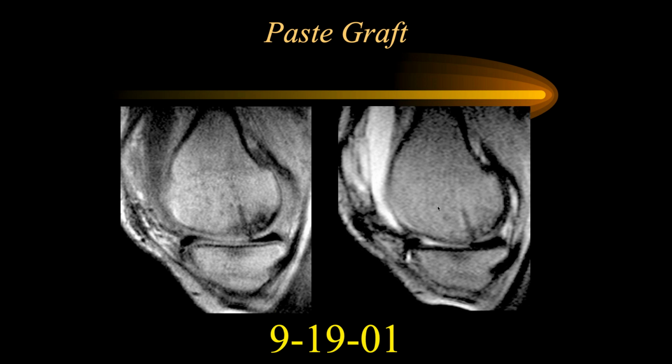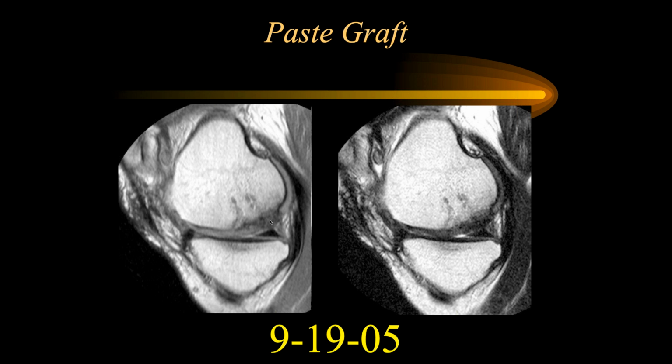Here's another paste graft. This was on 9/19/01, shortly after it was put in. And here's a follow-up a few years later, where we can see that there is cartilage here. Now, one of the complications you can get from these kinds of techniques, and we'll come into it also when we talk about chondrocyte transplantation in a minute: notice that in the area where we put in the paste graft, it's quite a bit more thickened than in the native areas.